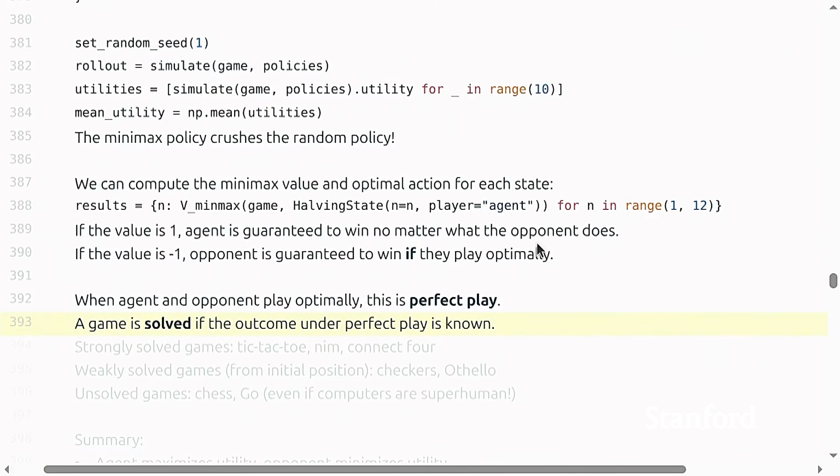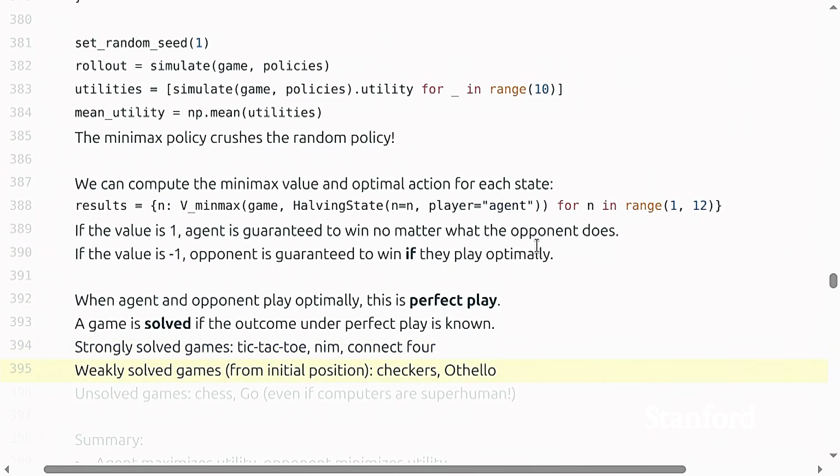Some games are strongly solved, which means that we know the minimax value for every single state: tic-tac-toe, Nim, Connect 4. Weakly solved means that from just the initial position, I know what the minimax value is. And then there are games that are unsolved, like chess and Go.